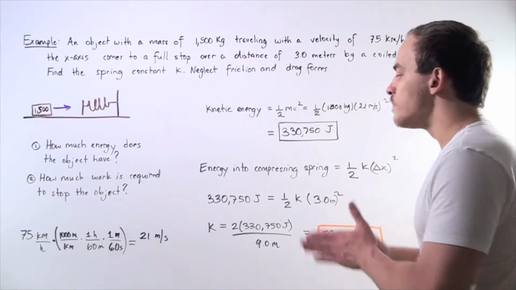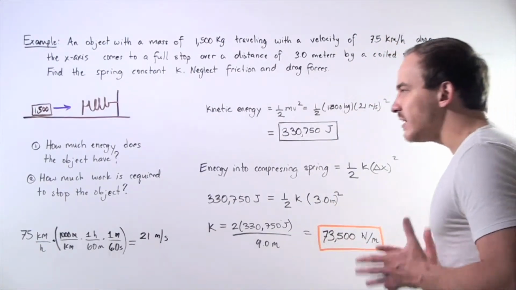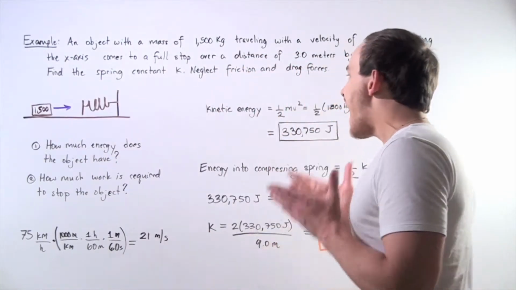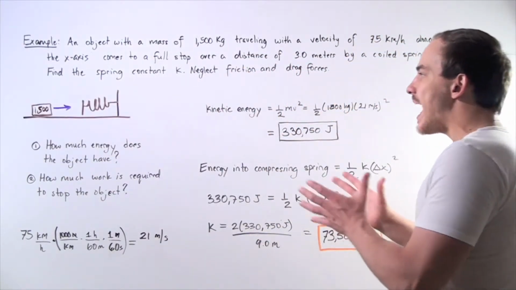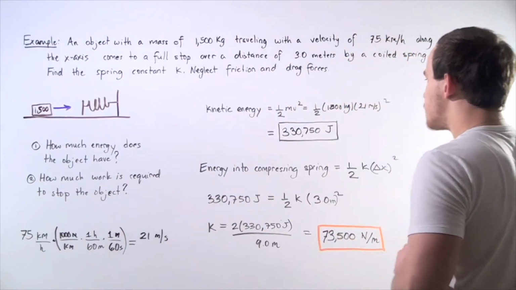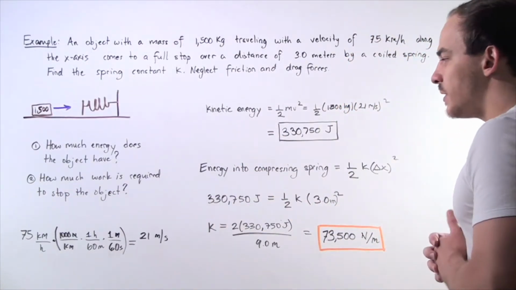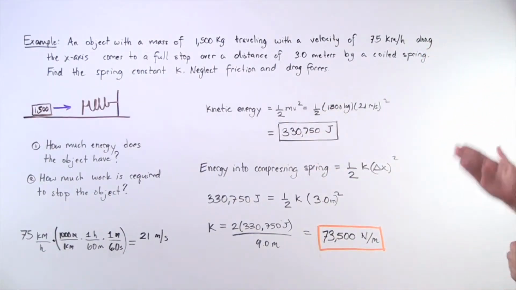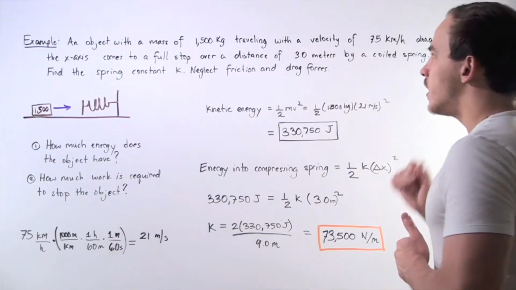of the object. So using this information, let's answer question number one. How much kinetic energy is in our object when it's traveling with a velocity of 21 meters per second? That's simple enough. We have our formula, 1/2 times m times v squared. We know the mass is 1500 kilograms.